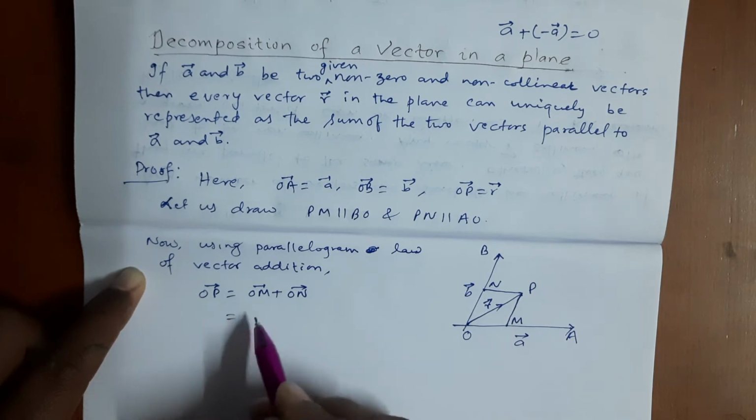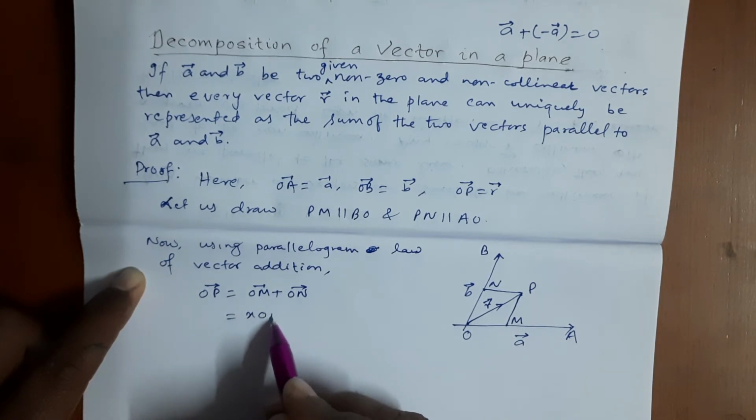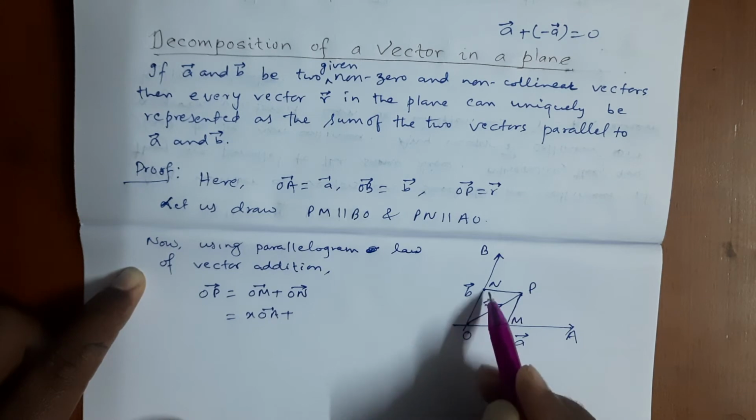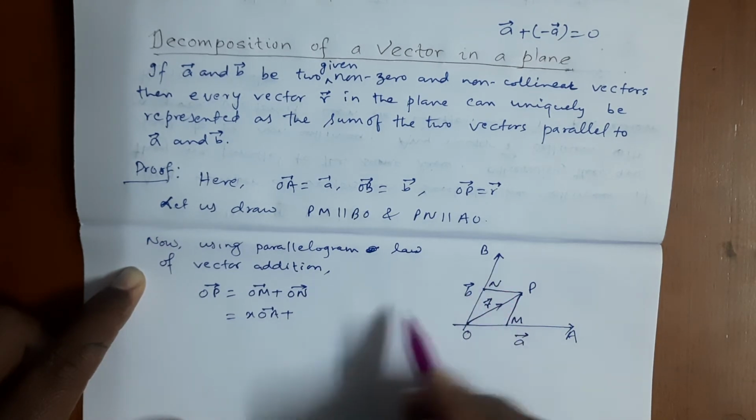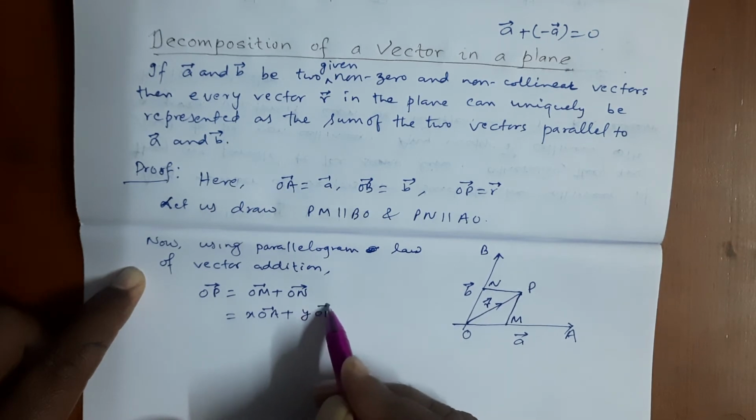So we can write OM equals X times OA vector, and as ON and OB are collinear, ON vector equals a scalar times OB vector, that means Y times OB vector.